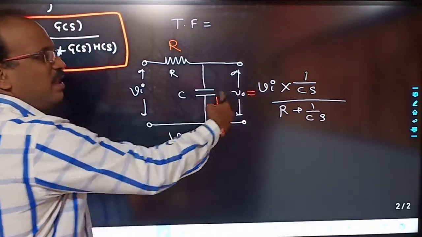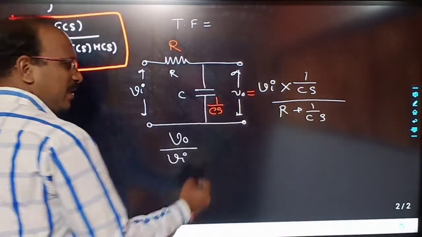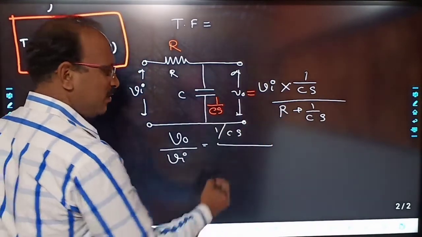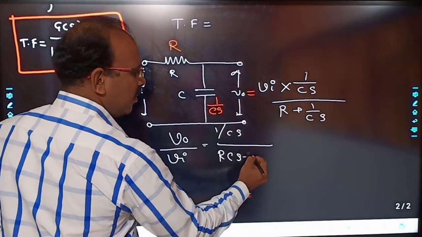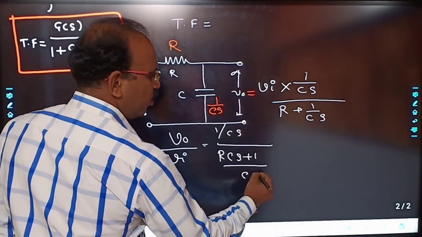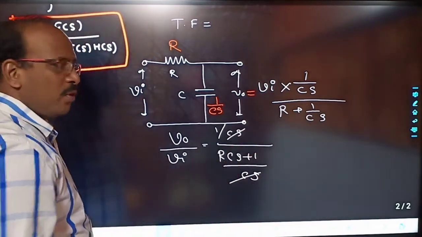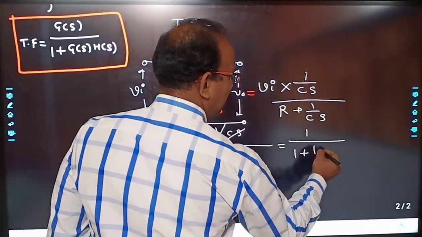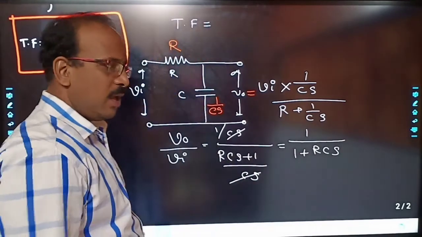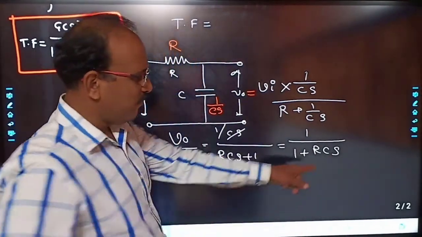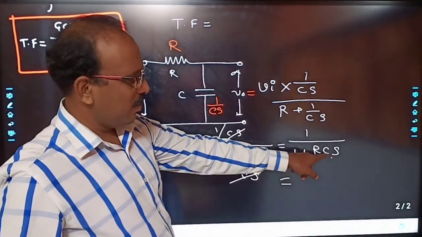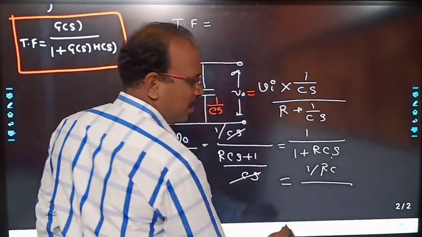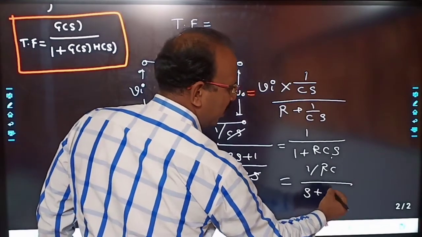If I take VI this side, that will be 1 by Cs upon R plus 1 by Cs. Taking the LCM, this is RCs plus 1 upon Cs. Cs cancels, so it is 1 upon 1 plus RCs. If we simplify this by dividing by RC, here it remains S only, plus 1 by RC.